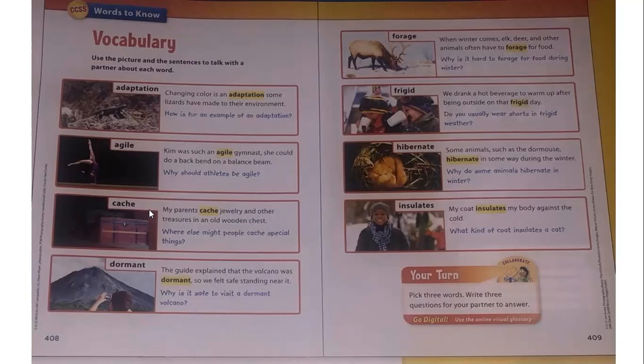Okay, so if you have jewelry and this is an old wooden chest, cache here means to store it or to hide it, to hide or to store in this old wooden chest. Okay, so instead of leaving your jewelry out, you can store it in this wooden chest.